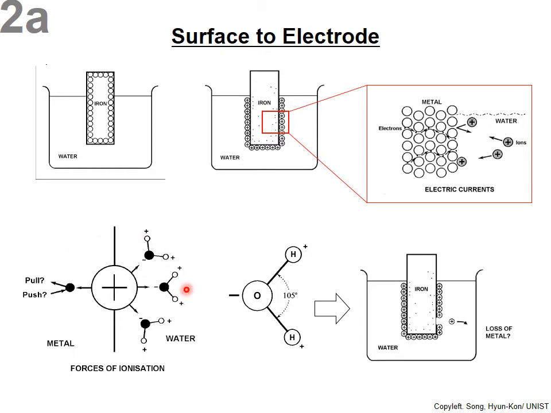Let me focus on the water molecules here and here. Then we have an oxygen and also two hydrogen atoms. A water molecule is a polar molecule and it has some dipole. Of course, negative charge on the oxygen atom and positive charge on the hydrogen atom.